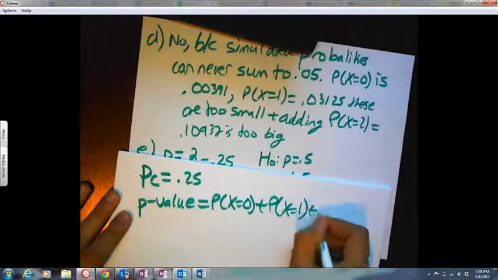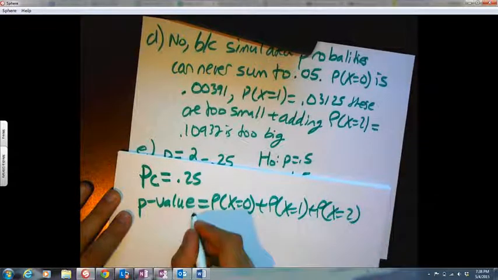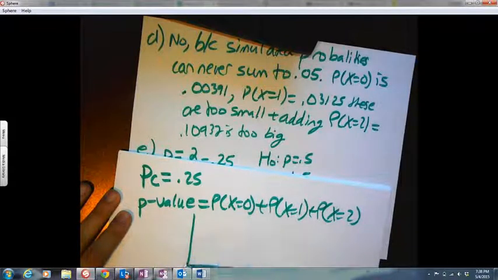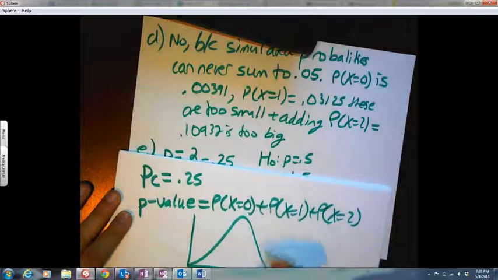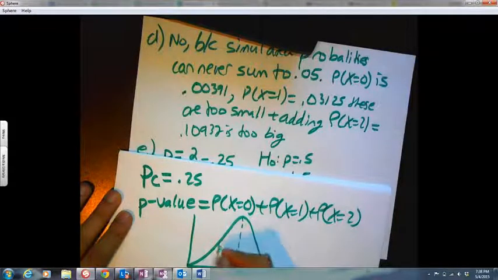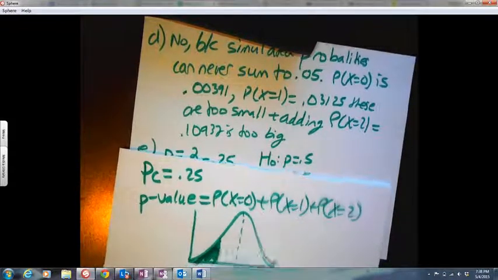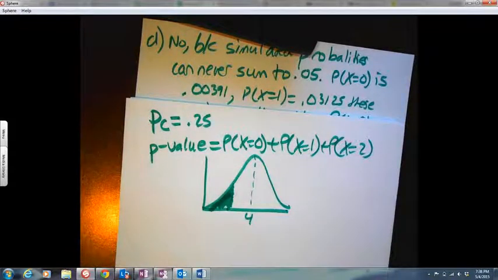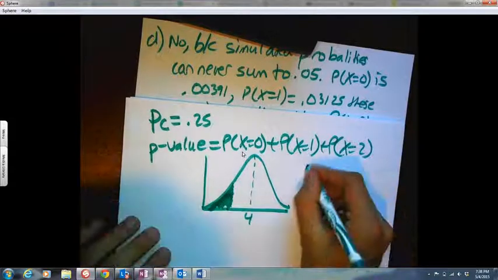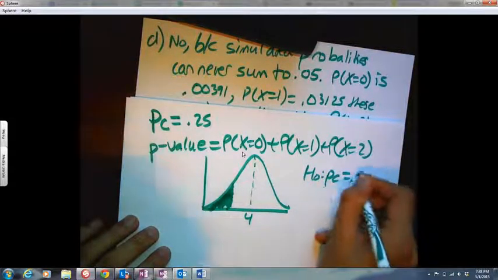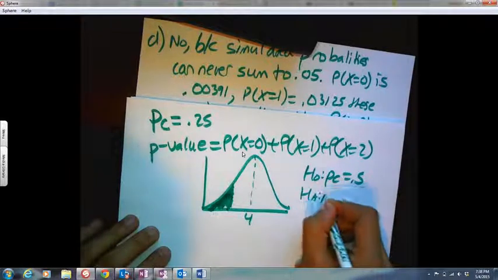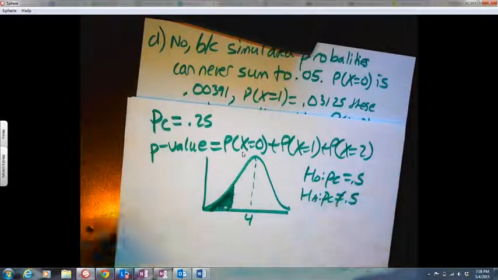So if you think about a picture, here's 4, this was the average, so we're here at 2. So we're taking this probability, right? And because this is a two-sided test, the null was PC equals 0.5, and the alternative was PC does not equal 0.5, I need to find this probability.